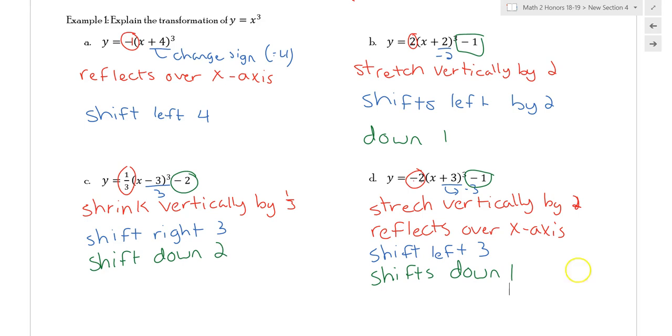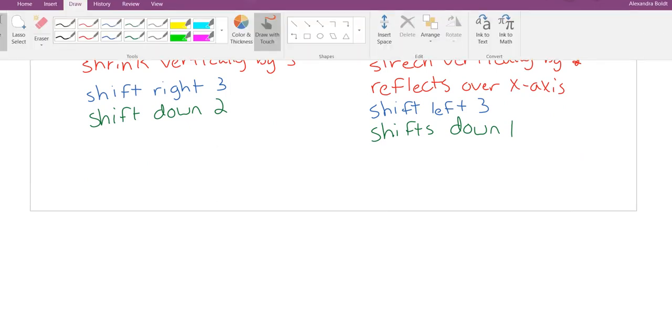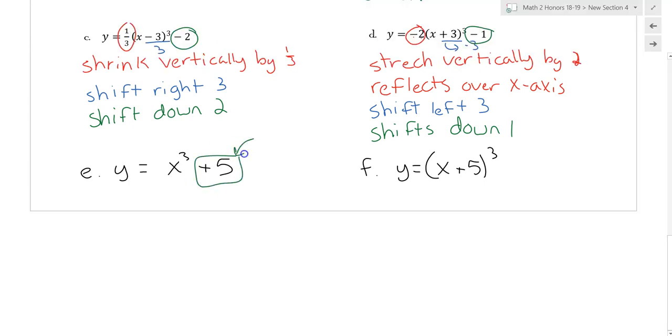All right, there's one more thing that I want to cover that I forgot to make an example for. So we're going to do 2 more, but they're going to be quick ones. If I have something like y equals x cubed plus 5, versus something like y equals x plus 5, cubed. In the first, this 5 is on the outside of the cubed. The cubed happened and then the 5 was added.